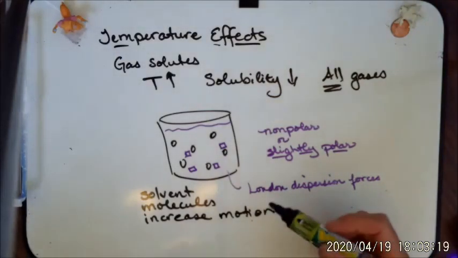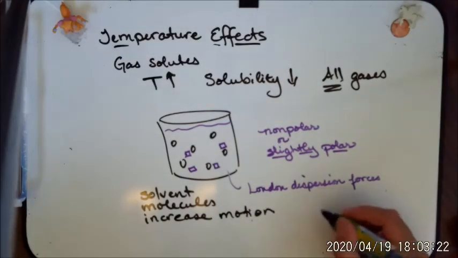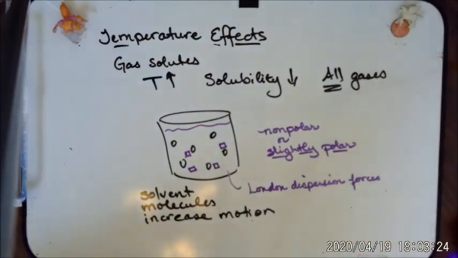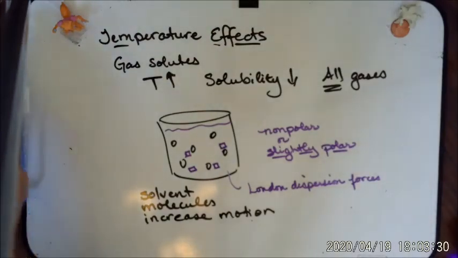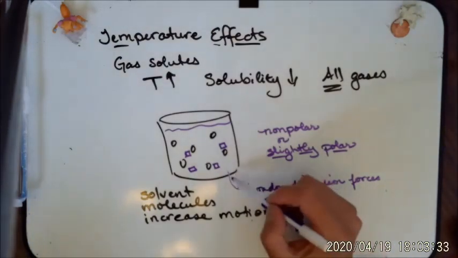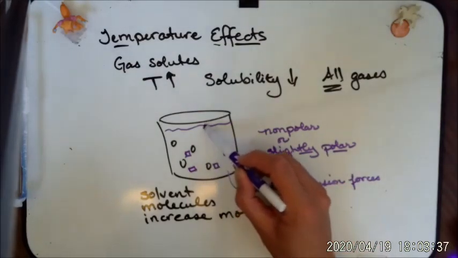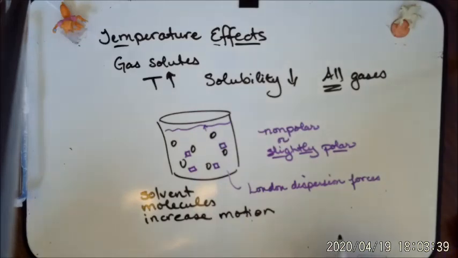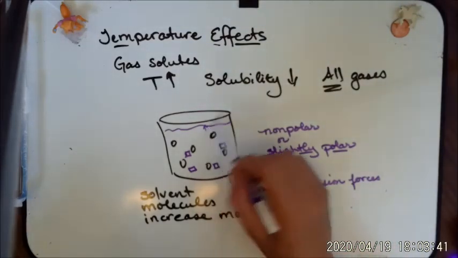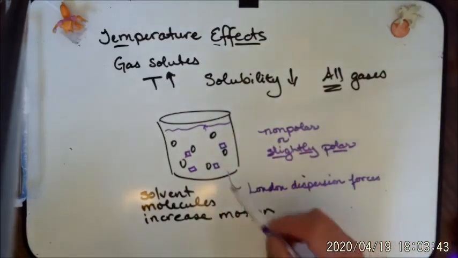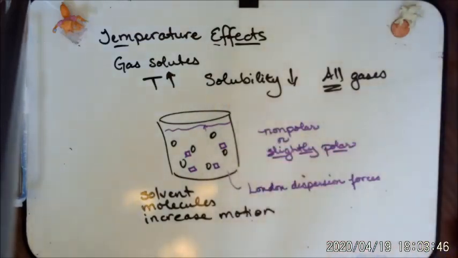Then on the molecular level, the small pockets that hold your gases are constantly changing, which allows your gas molecules to migrate and diffuse through my solution and break my surface tension and leave. Because surface tension also decreases as temperature increases. So my gases all will be able to escape more easily from solution. So the solubility goes down.